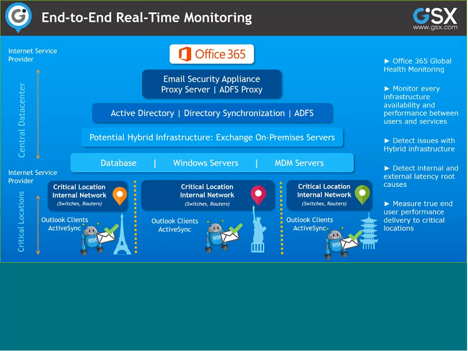The Office 365 service is great. It's highly available. It's secured. Its performance can be debatable, so you need to keep an eye on this. You need to keep an eye on each of those layers that can have an impact on the performance, that can also be points of failure for the different actions that we mentioned. So what we do at GSX is we have scenarios to simulate what the end users can do in their Outlook clients.